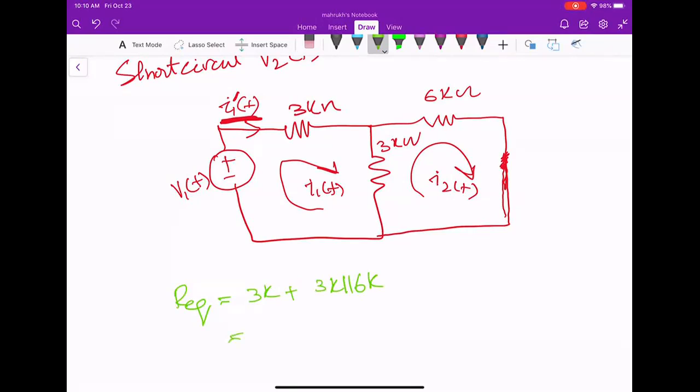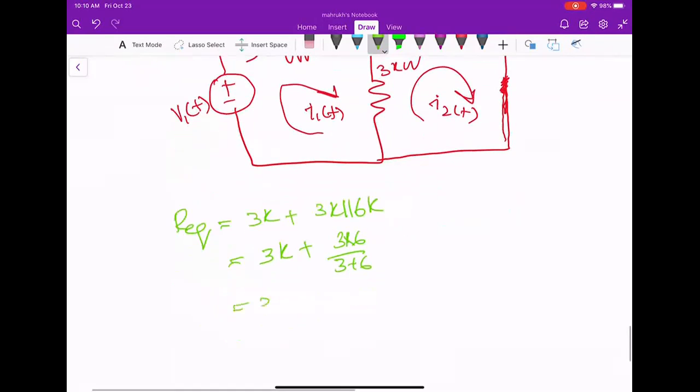So that will make it 3K plus 3 into 6 over 3 plus 6, which is 3K plus 18 by 9, 3 plus 2, which will make it 5K. So R equivalent is 5K here.